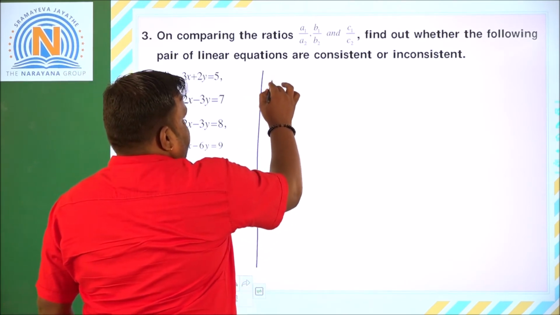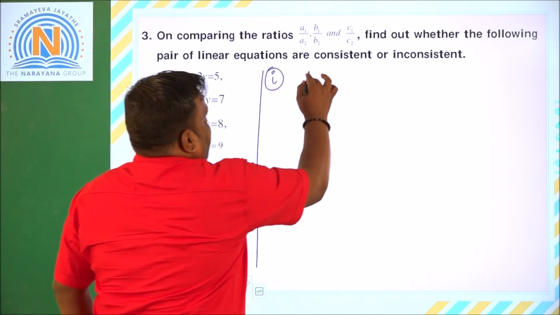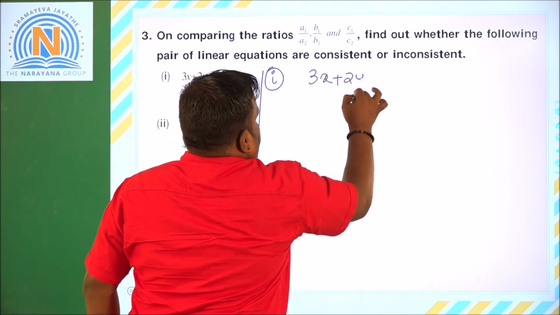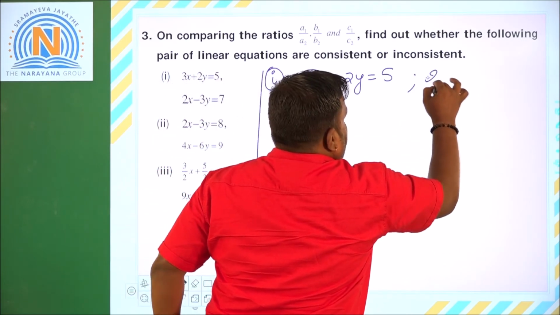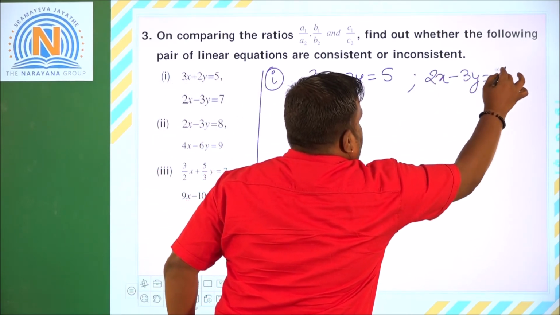Let us take the first part here, that is 3x + 2y = 5, and the second equation here is 2x - 3y = 7.